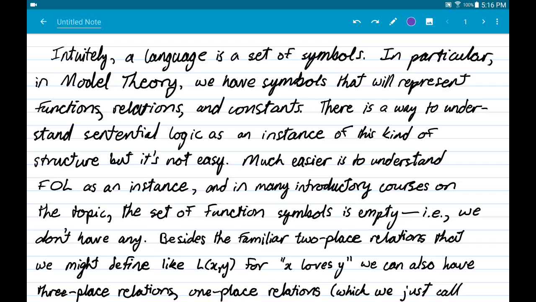If you try to connect this idea to something familiar in first-order logic, maybe from a first class that you had, and think about sentential logic as an example, that'll actually be possible but difficult. It's much easier to make the connection to true first-order logic, where the idea of relations and constants are familiar, even if perhaps symbols are not.